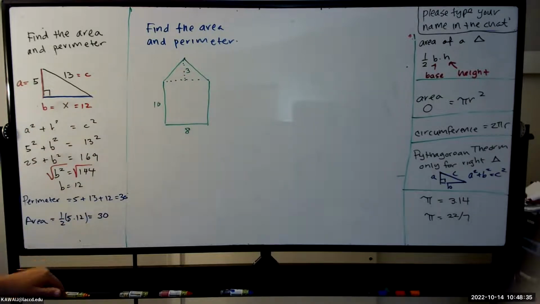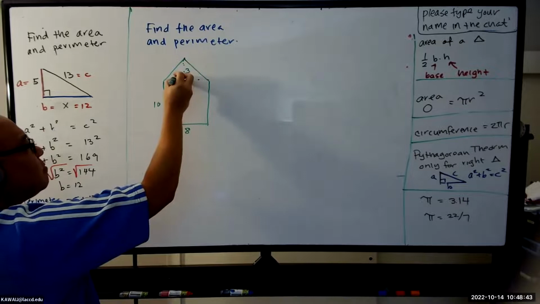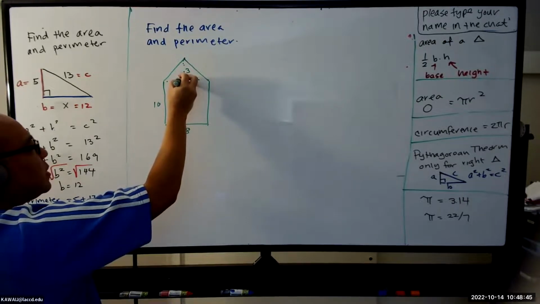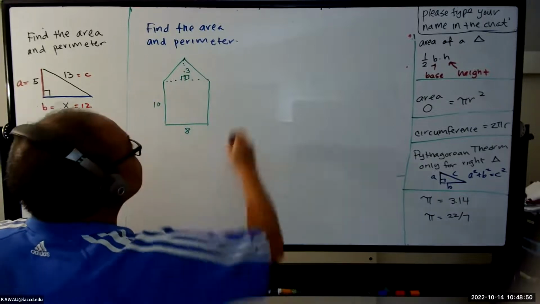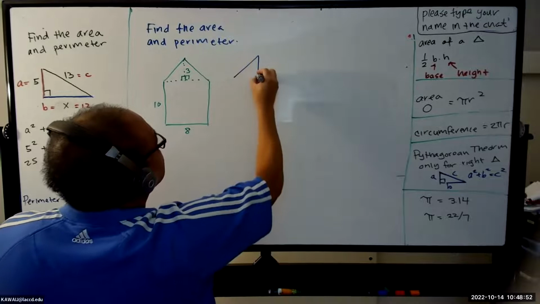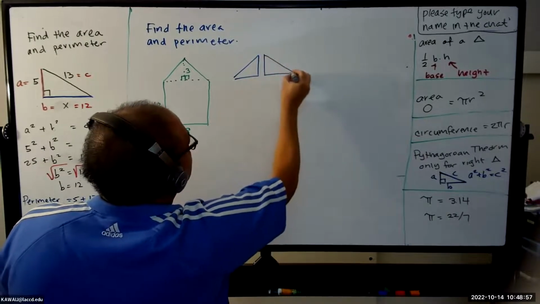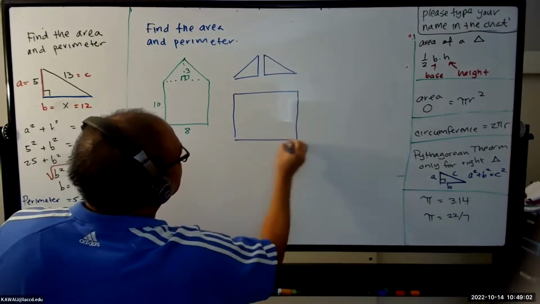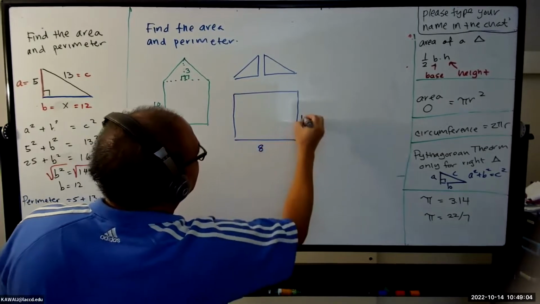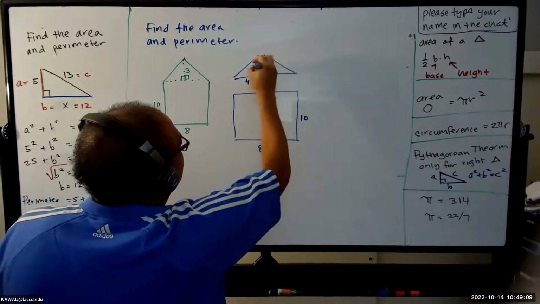Okay. Now, what you want to see is that you have 2 right triangles here. Even though they don't write it, what you want to see is this, where this is 8, this is 10, this is 4, this is 4, this is 3, and this is 3.